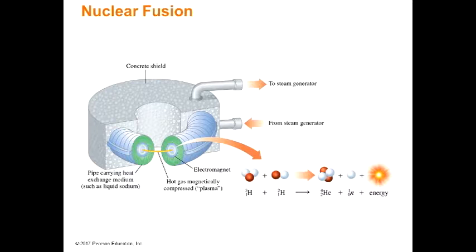Here, it's basically produced here and used for harnessing the energy, so to speak, harnessing nuclear power, right? So here, we get these pipes carrying the heat through, and a concrete shield. Why the concrete shield? You now know, right? These concrete shields are there to protect and shield from the radiation.